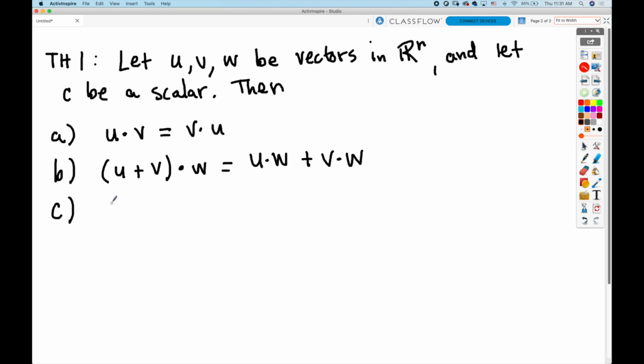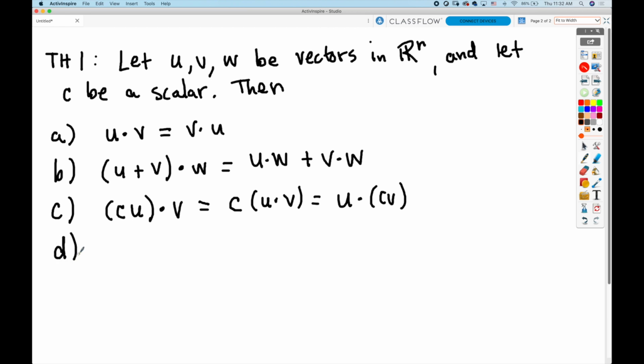Likewise, Cu dot V is equal to C times U dot V, which is equal to U dot CV. And finally, the fourth property says U dot U is greater than or equal to 0.